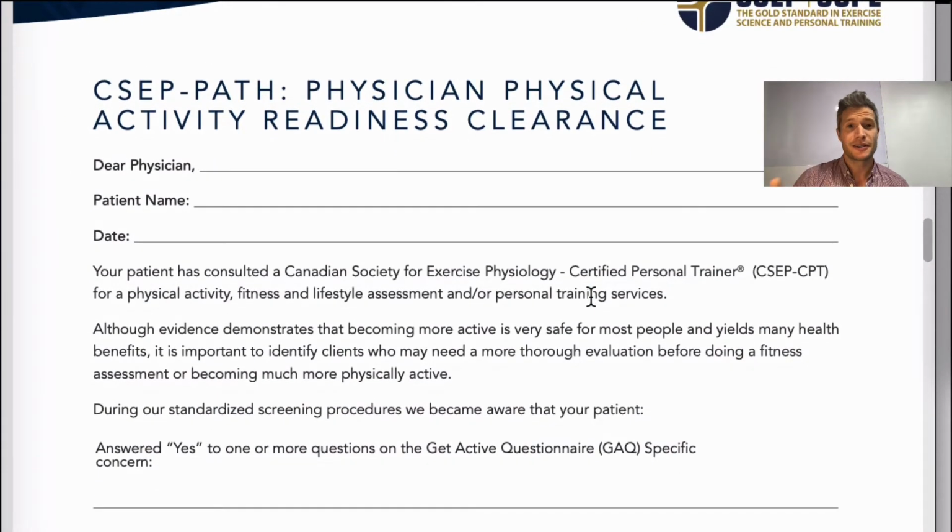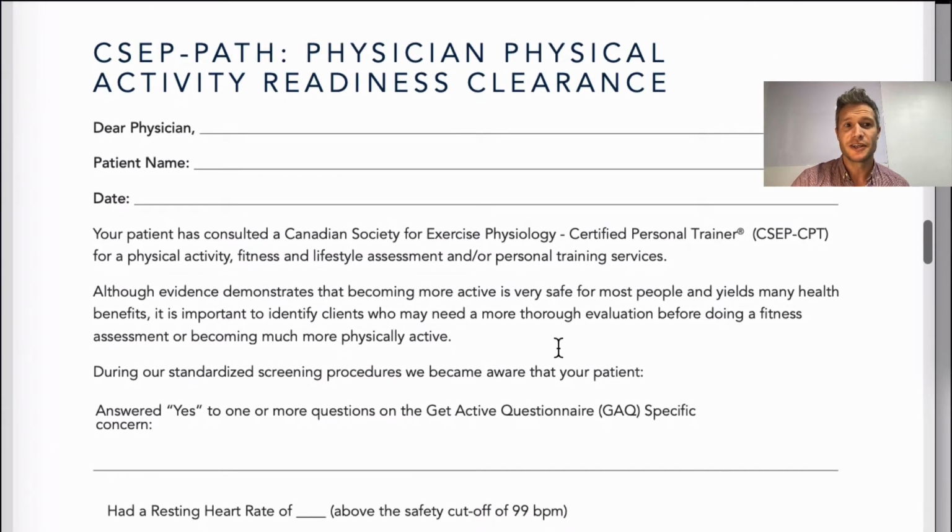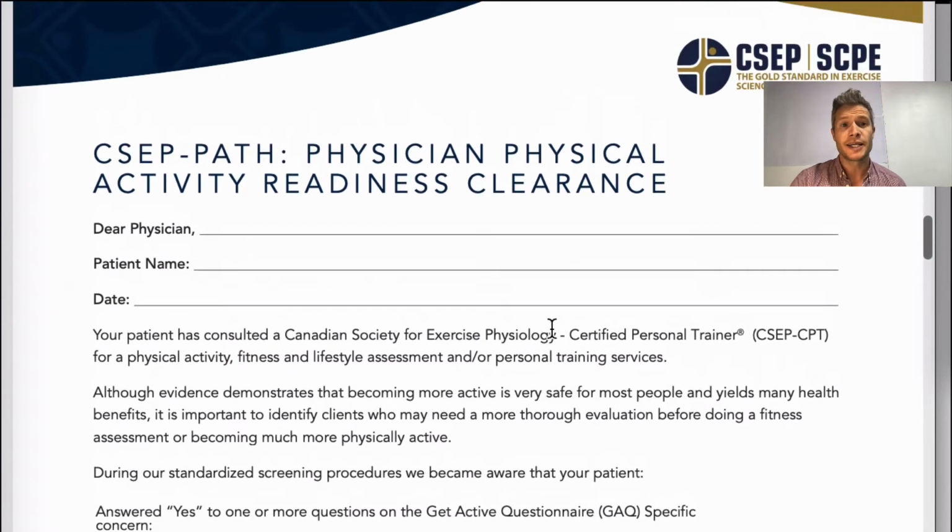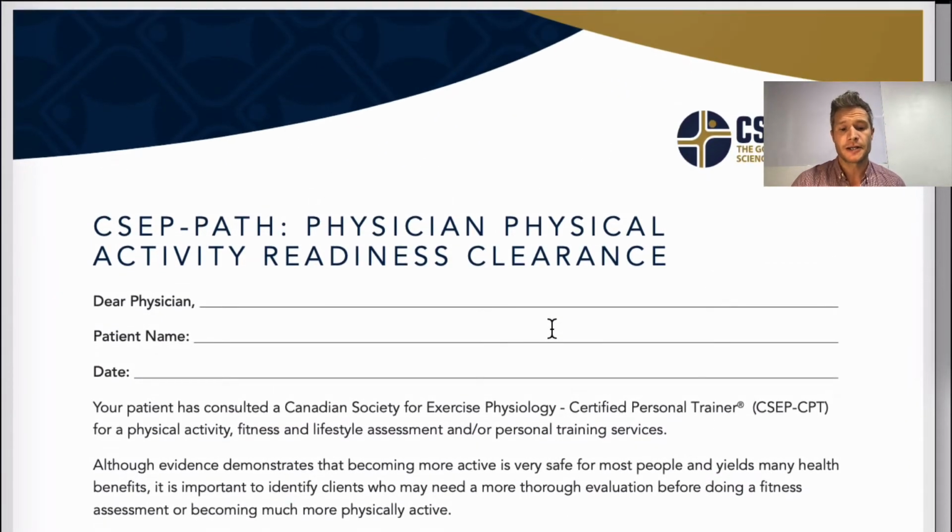So here we are. Sure enough, CSEP's been great. They send you a little physical activity readiness medical clearance. And more or less, if anyone has a condition, typically they need to go to their doctor. Some docs will give specific guidelines, heart rate not over this, avoid this sort of activity, whatever it might be.